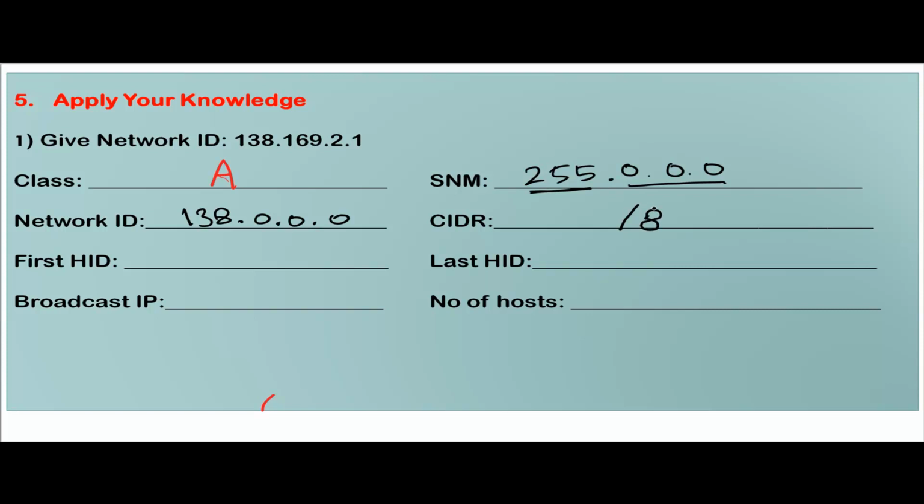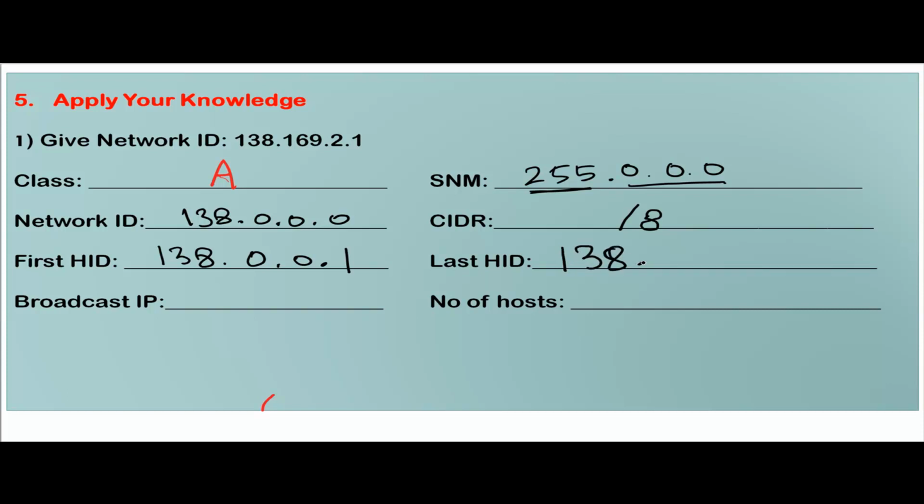So what is the first host ID? The first host ID is 138. Keep the network part as it is. In the host part, you make the last bit 1. That means if you make the last bit here 1, this is going to be 0.0.1. So this is the first host ID. Last host ID means, I am going to keep the network part as it is.